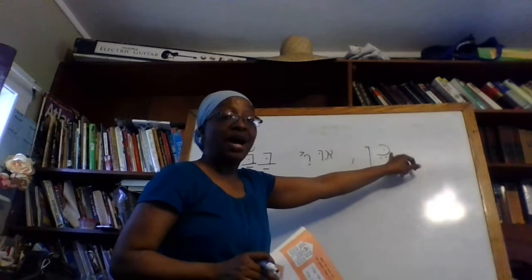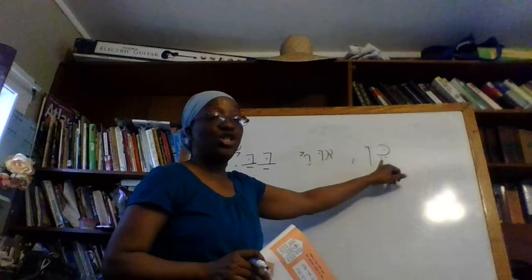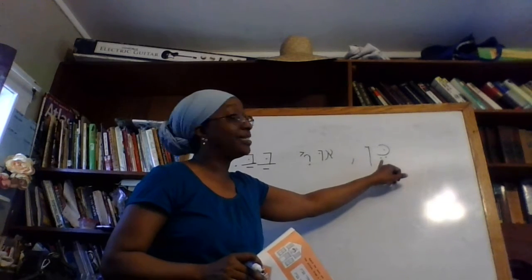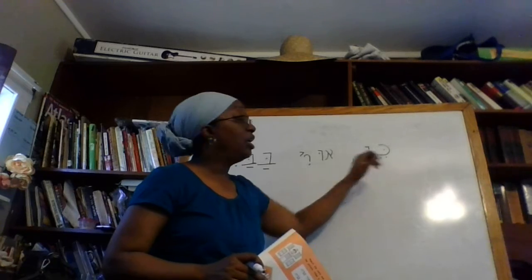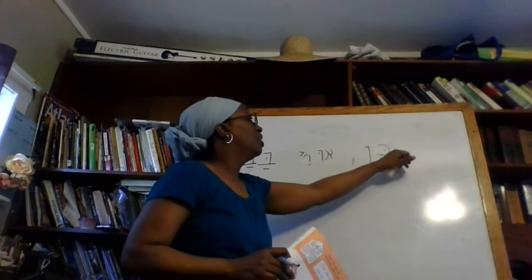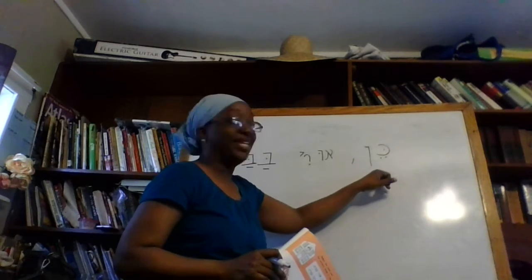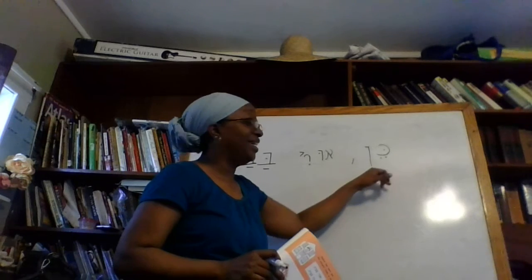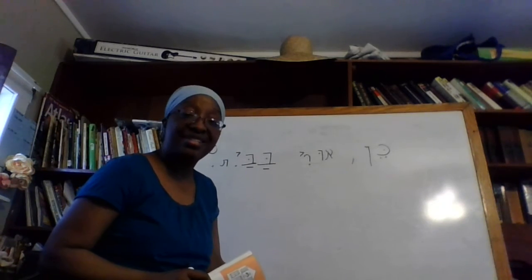I know that the kaf makes the k sound. K. I know these two dots side by side make the eh sound. K, e, k. I know the noon sofit makes the n sound. K, e, k, n. Ken. And ken in Hebrew means yes.